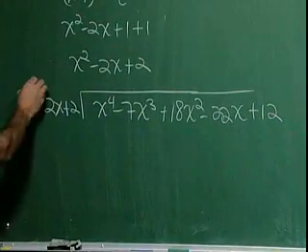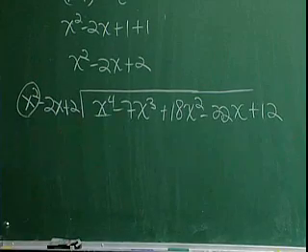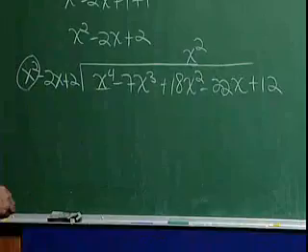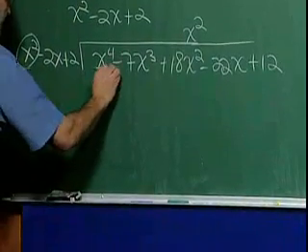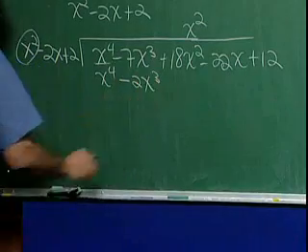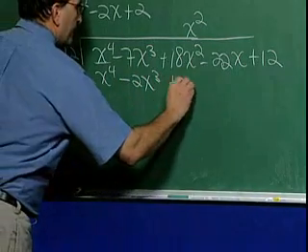Okay, so we look at this term, it goes in x squared times. So we put x squared up here, multiply this out, we get x to the fourth minus 2x cubed plus 2x squared.